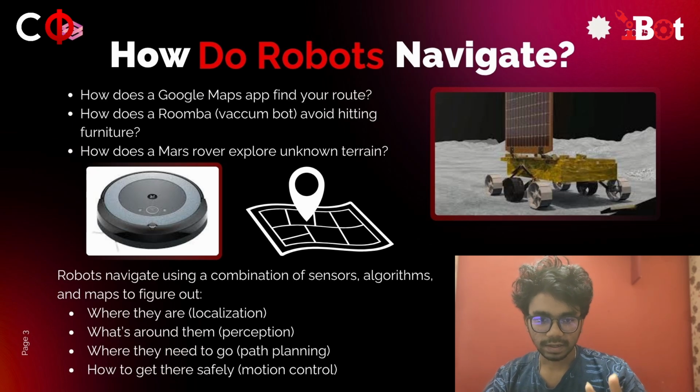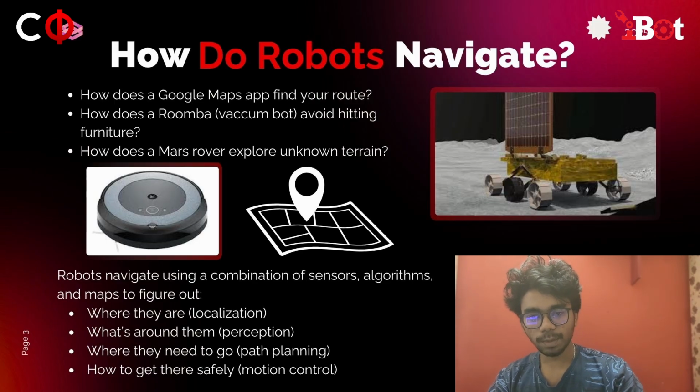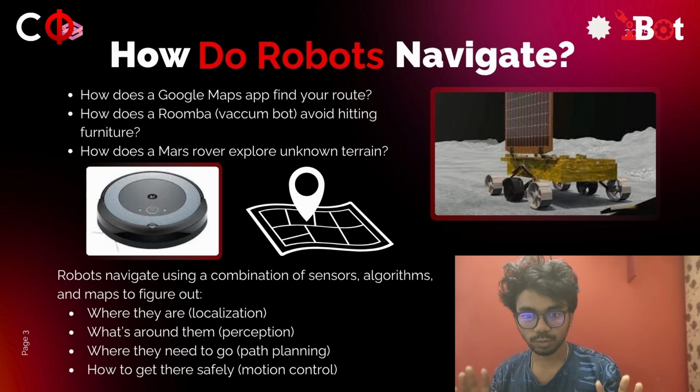After analyzing all the navigation, there are four main pillars of navigation, like how we control and how we actually make the robot think and move. Or we can say the four questions are given here. The first one, where are they? Localization.